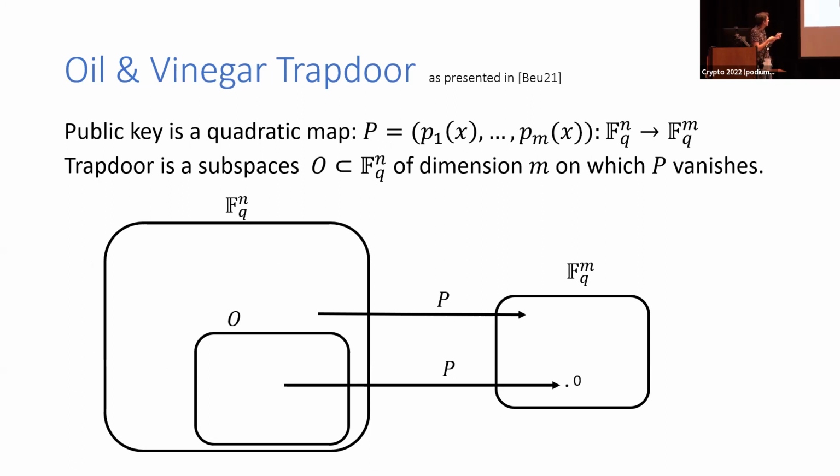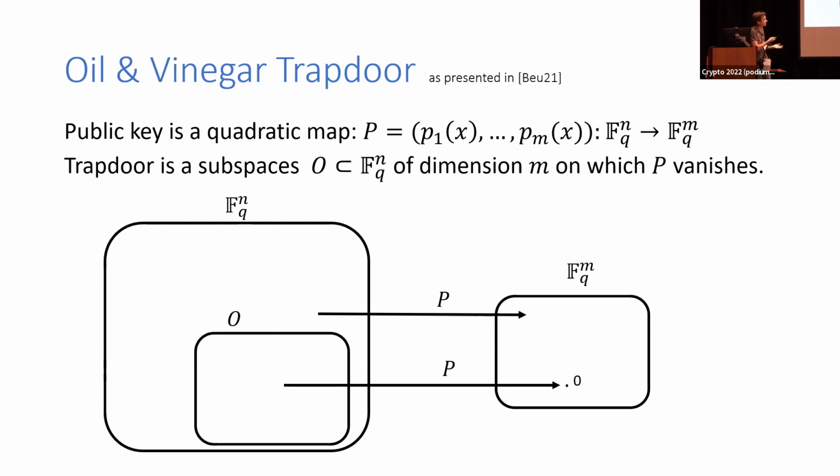So for every vector in our space O, P of O is going to be 0. So that's it. So there's no extra information. To generate such a trapdoor function, you just first pick your space O uniformly at random, and then you pick your polynomials uniformly at random such that they vanish on O.